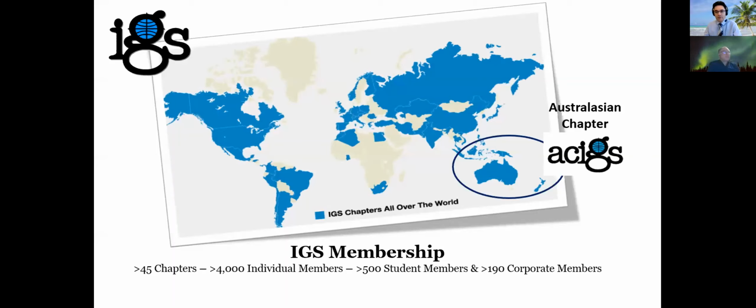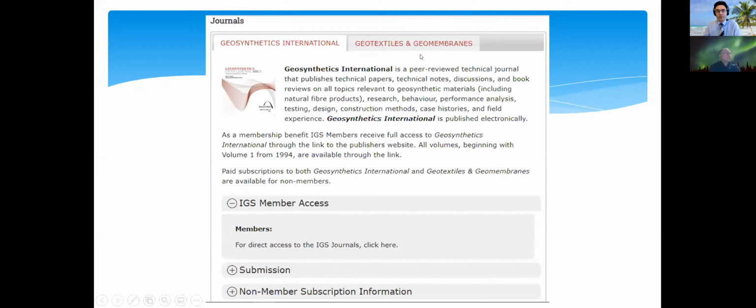Click on that and choose journals, and it takes you to the journals page. You'll see here we have two tabs, one for Geosynthetics International and another one for Geotextiles and Geomembranes. You go to the IGS member access and click on the link that takes you to the IGS journals.